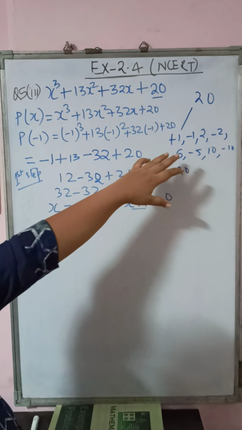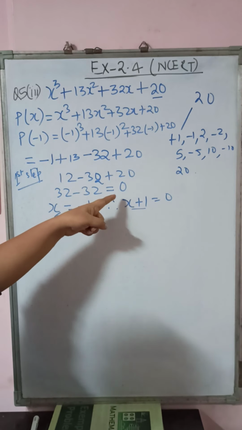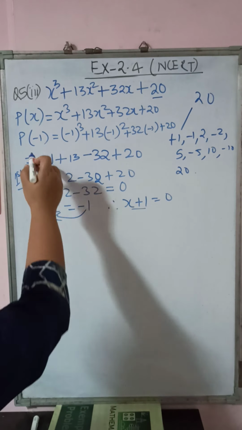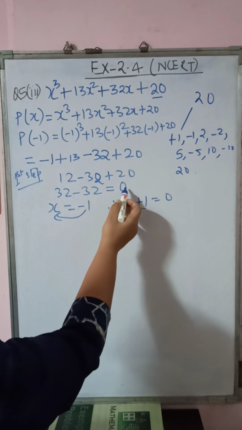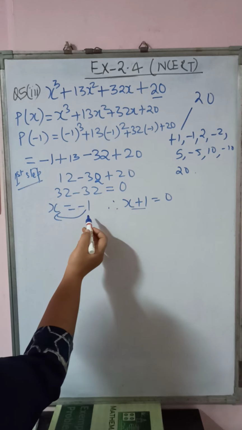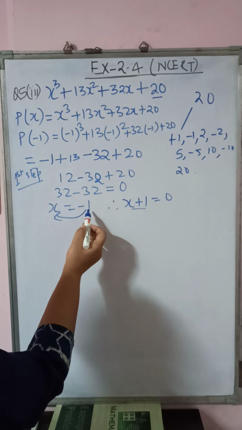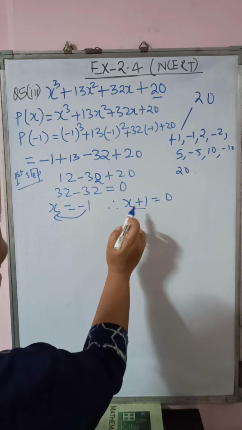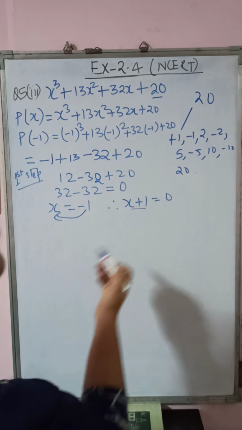If by putting the first factor only you get 0 as the answer, then your work is done. Here I put x equal to minus 1 and got the answer 0. So x is equal to minus 1. You need to shift this number towards the LHS so that it becomes one term. So x plus 1 is one term and it is the first factor.